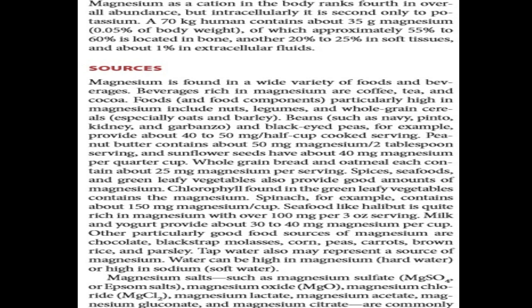Water can be high in magnesium, that is hard water, or high in sodium, that is soft. Magnesium is present in the form of magnesium sulfate MgSO4, magnesium oxide MgO, magnesium chloride MgCl2, magnesium lactate, magnesium acetate, magnesium gluconate and magnesium citrate.